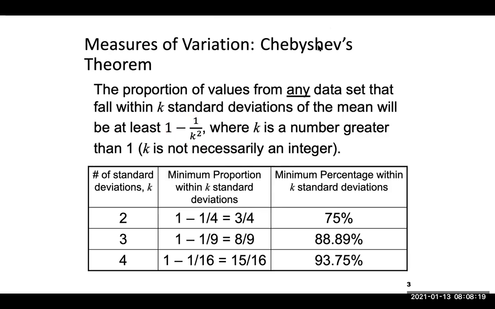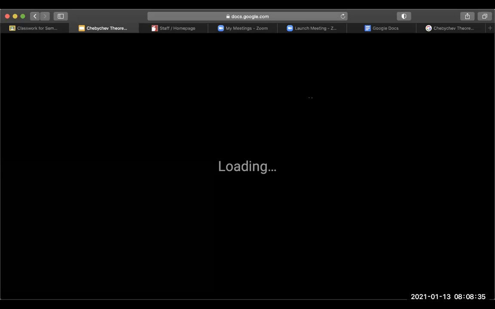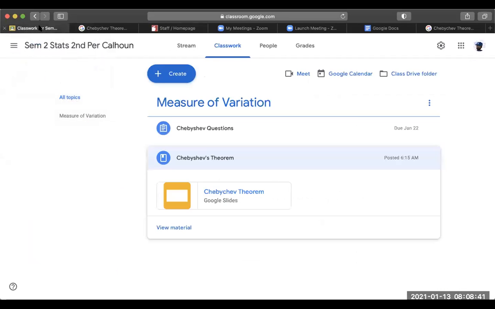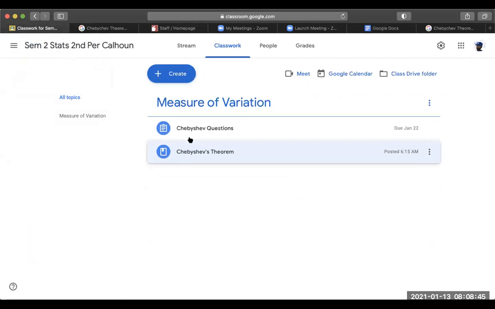So I do want to look at a couple more examples. Oh, wait, I didn't mean to click that. That's the wrong thing. I meant to go back into the Google Classroom.